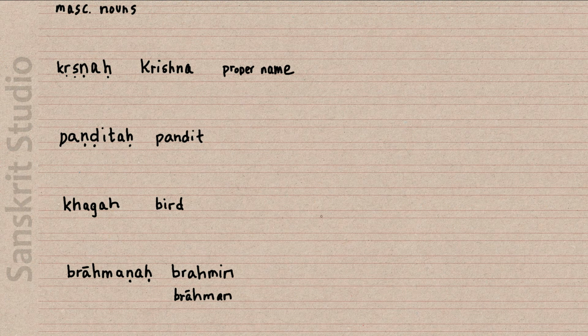But of course, if we want an English text, no English words ever have horizontal strokes over the A. So in an English text we would have to write Brahman, like that.